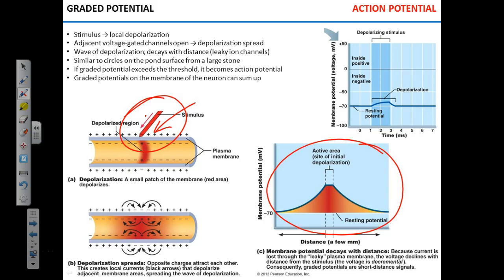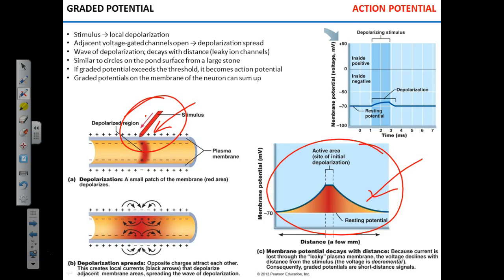Now, a couple of important things about graded potential. First, if a graded potential goes over a certain threshold, it becomes a so-called action potential. So it does not dissipate anymore. When the level of membrane depolarization increases above a certain level, we have the action potential.